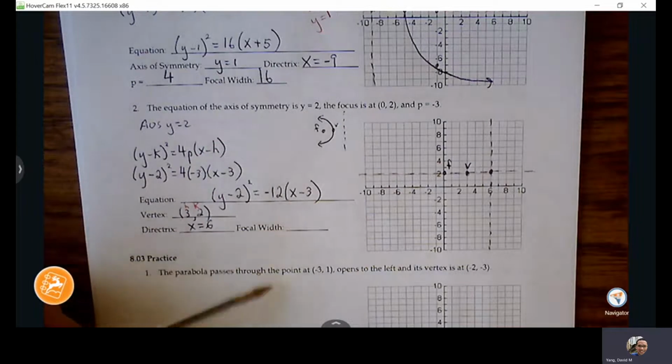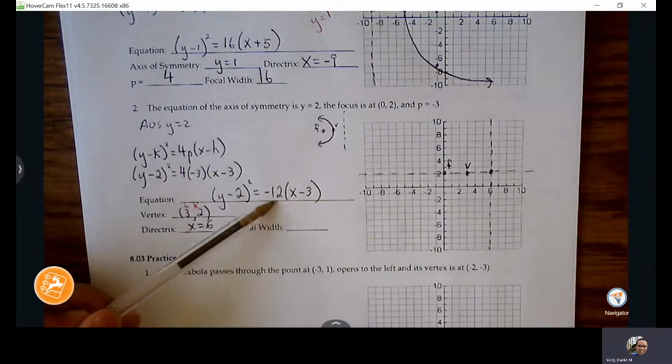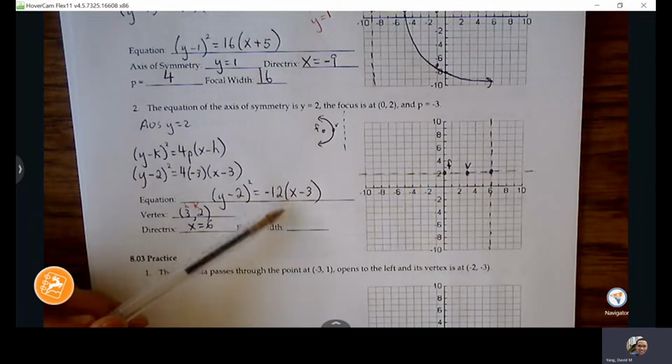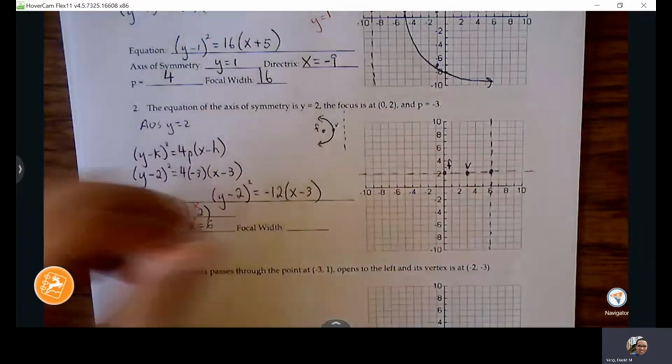What's the focal width? Yeah, this number in front of the coefficient, or in front of the parentheses.